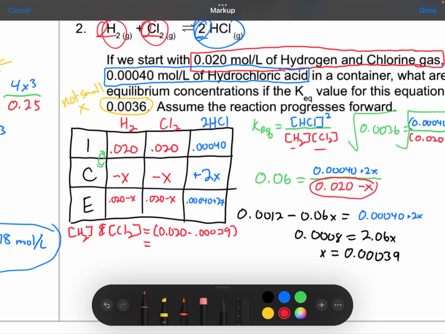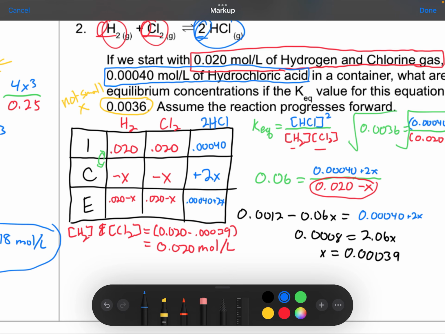That is going to be equal approximately, again, to 0.020 because realistically I am subtracting out a number that is so small that using sig figs I'm going to end up rounding to that initial value anyway. So that is going to be moles per liter.